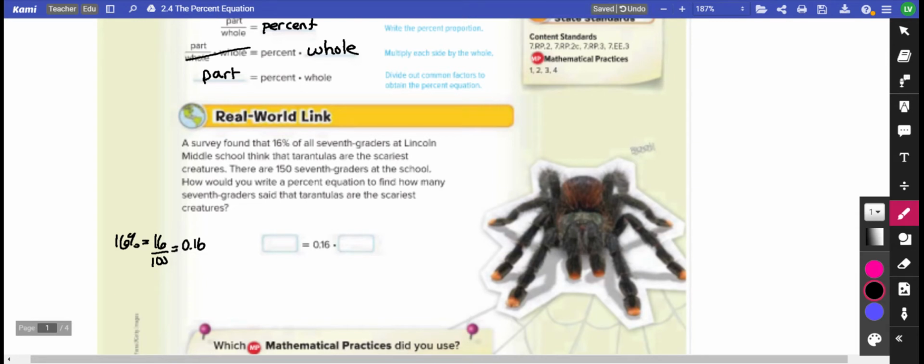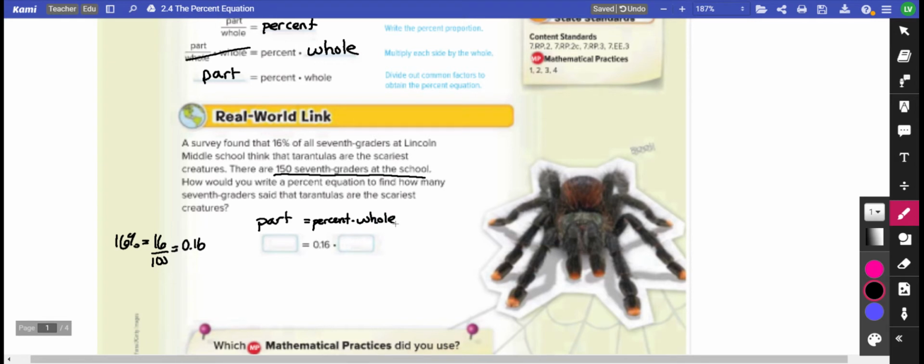So there are 150 7th graders at the school. So that is our total amount. That is our whole. Well, the left side is part equals the percent times the whole.